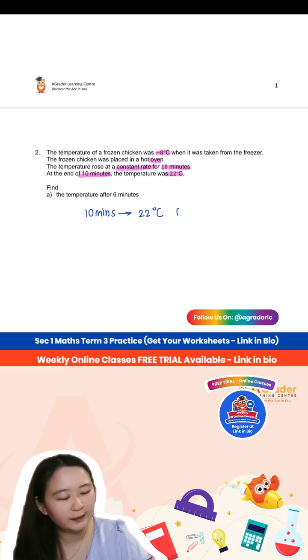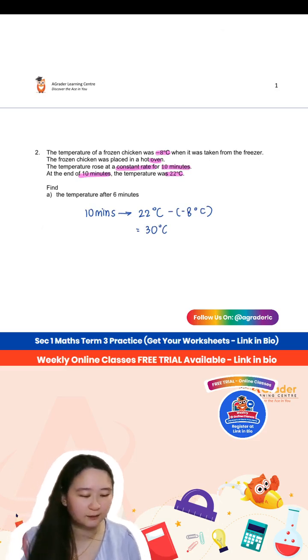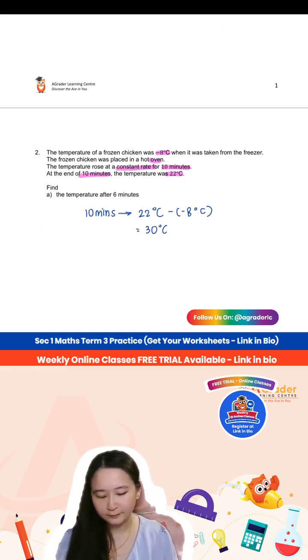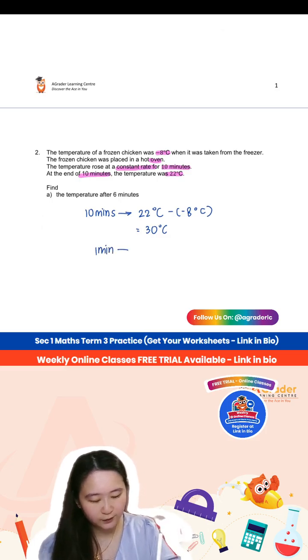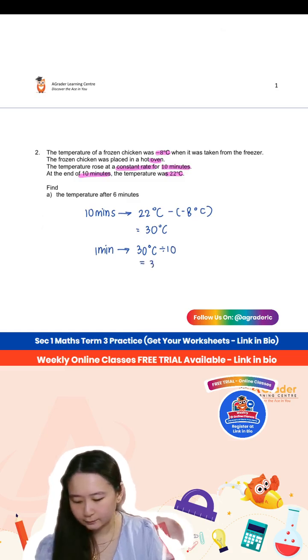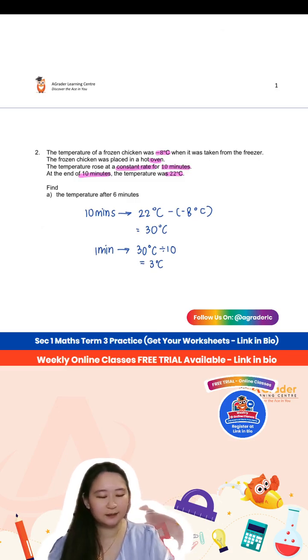So 22 minus -8, there's an increase of 30 degrees Celsius. So we can find per minute, we divide by 10.